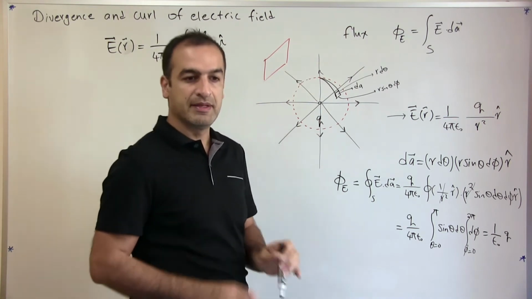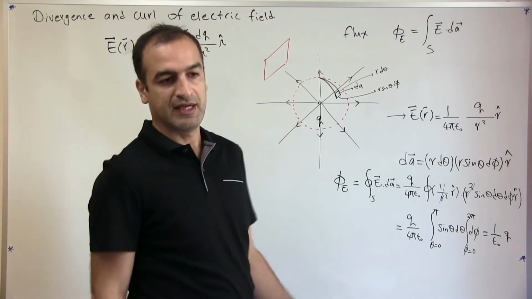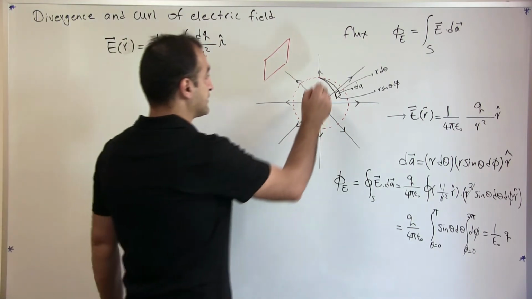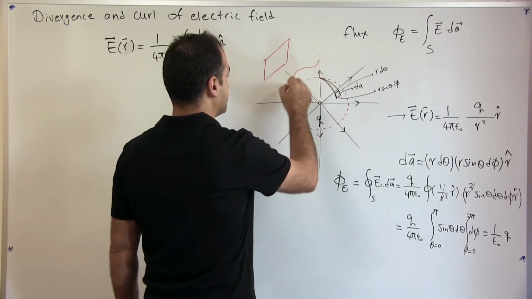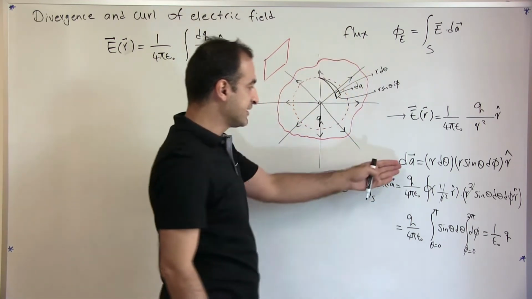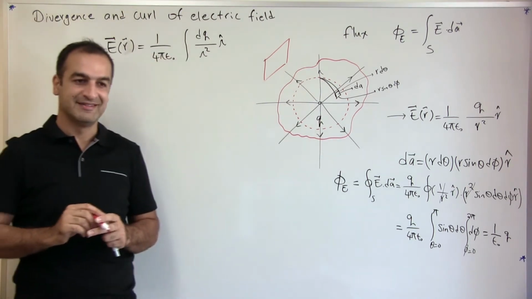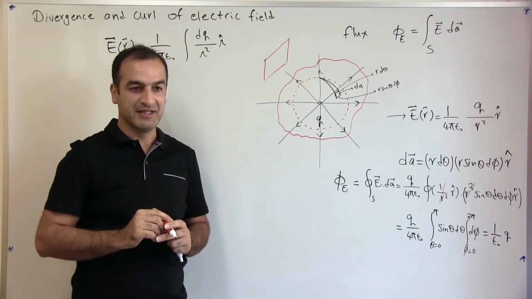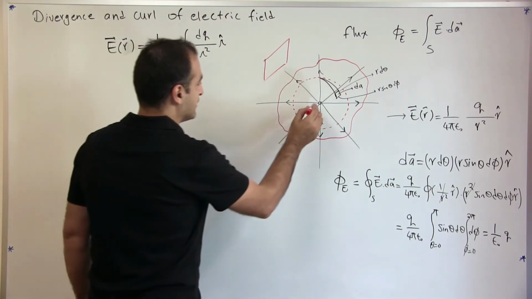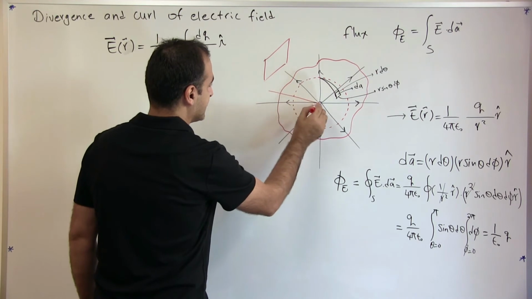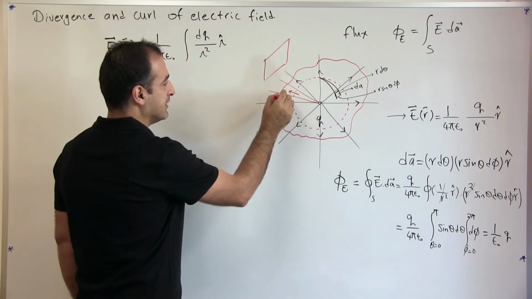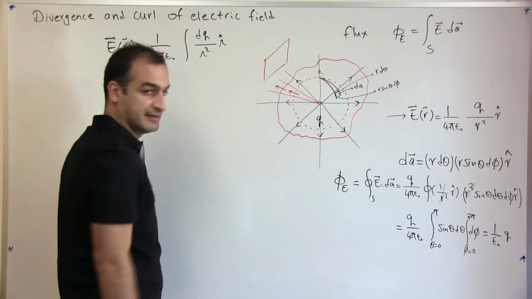Now, it's independent of r, is it also independent of the shape? I chose a sphere here. What if I chose something totally different, let's say a random shape like this? Do you think the integral will depend on the shape? No, it will not. The geometrical way of looking at this is you can look at one small angle here, and whatever flux is passing through this one is going to pass through this surface as well.